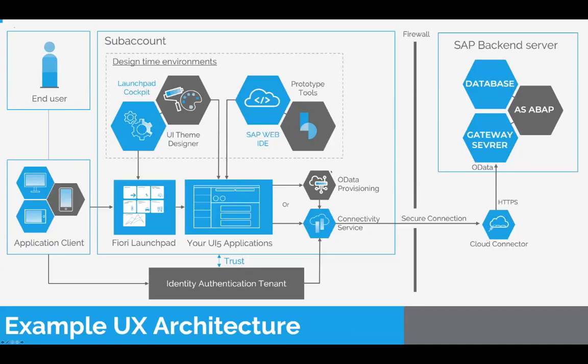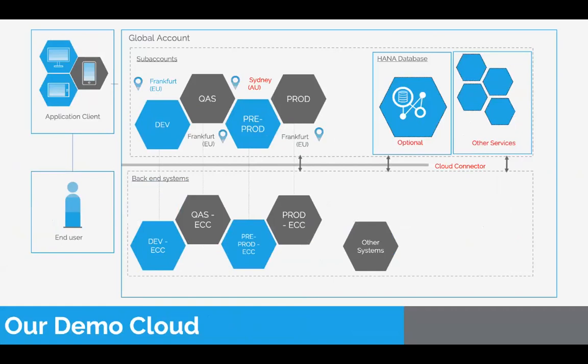Again, I won't go into too much of the detail around what's called OData provisioning. Again, there are different options. I've got the technical team with us here. If people want to explore that and have questions on it, we can go into it, but I wasn't intending on showing that.